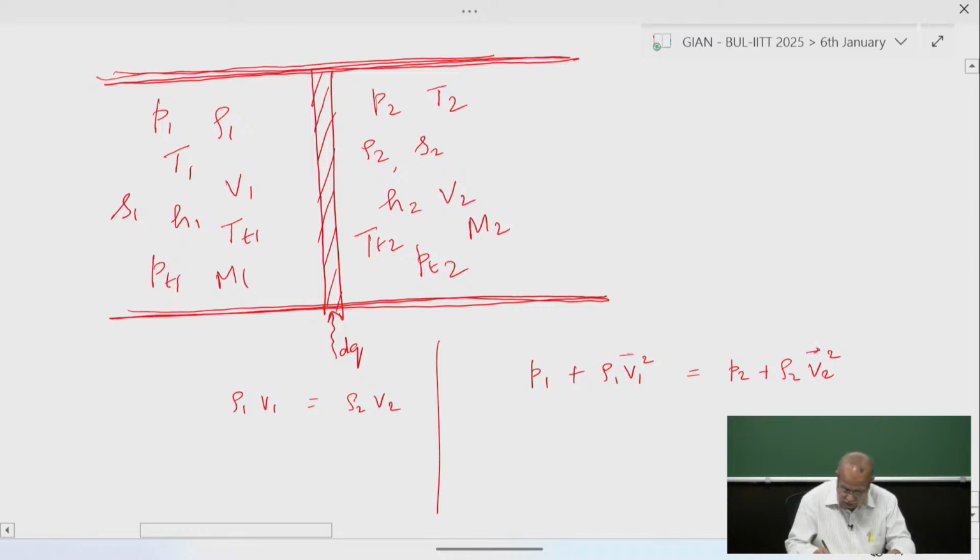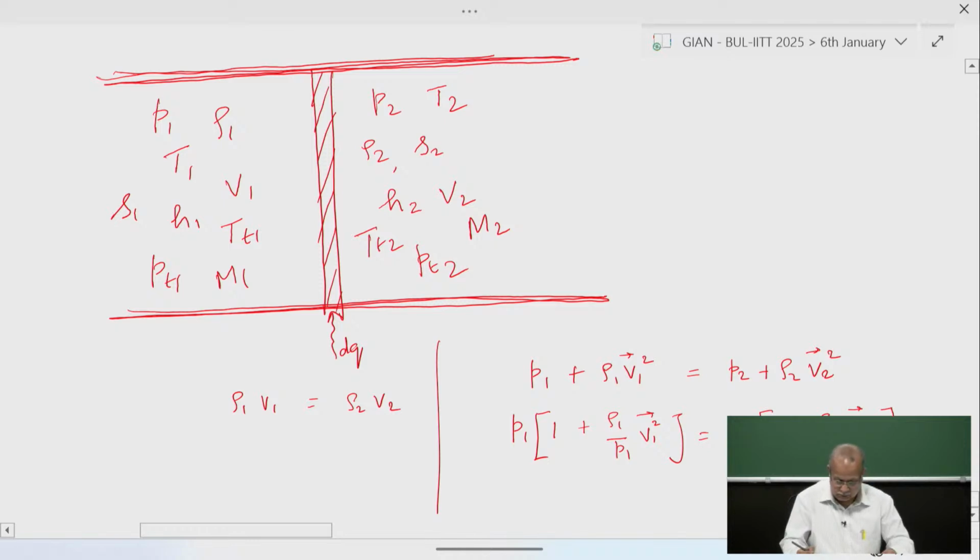This is just to show how we could calculate the properties varying across the combustor. In this momentum equation, if I take P1 outside, I can write 1 plus rho1 by P1 v1 square is equal to, taking P2 outside on this side, 1 plus rho2 by P2 v2 square.